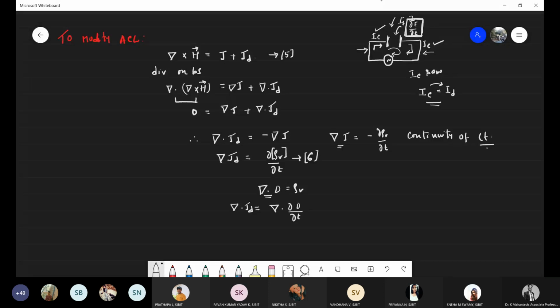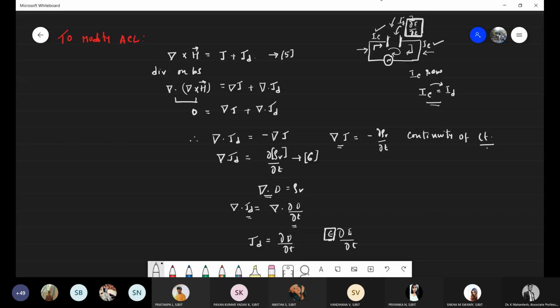Now compare the coefficients of divergence and you will get JD equal to dou D by dou t, which is almost similar to dou E by dou t with some epsilon term. That epsilon depends upon the dielectric medium used between the charged capacitor plates.